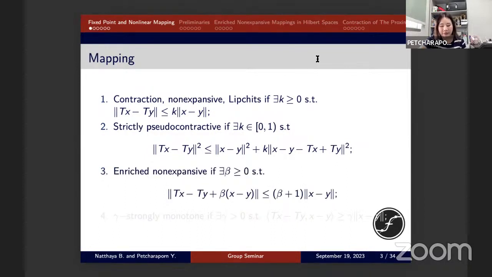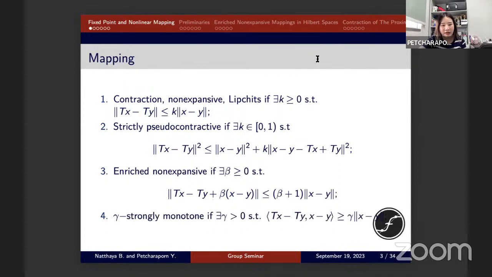And the enriched non-expansive if there exists beta greater than or equal to 0 such that the norm of tx minus ty plus beta of x minus y less than or equal to beta plus 1 of norm of x minus y.